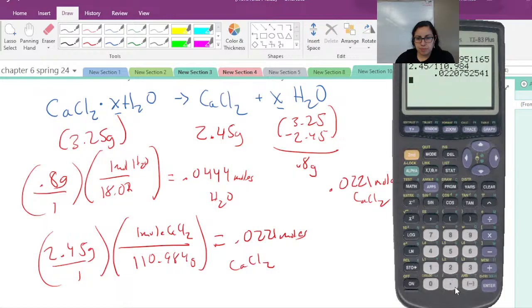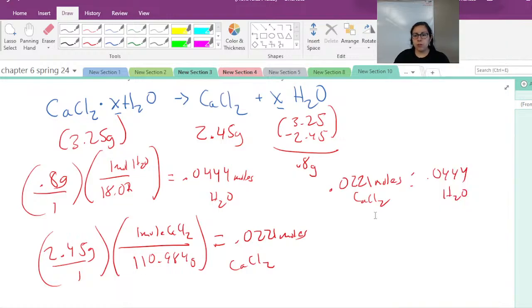Sorry. Try that one more time. There we go. And so we get a 2. And so you could also write an answer that you have a 1 to 2.01 ratio of calcium chloride to H2O.